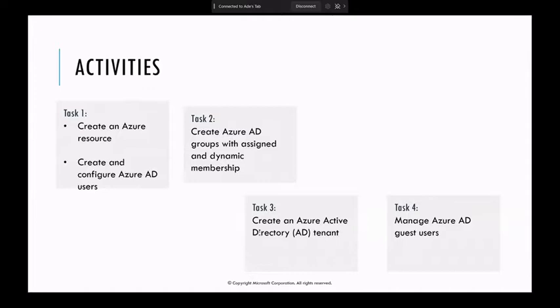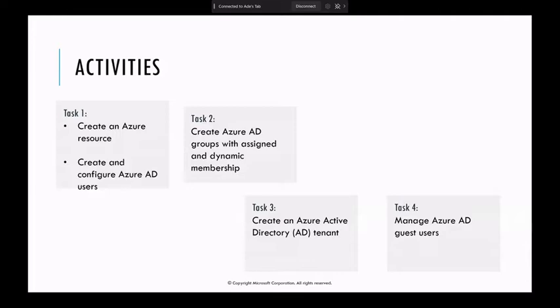Then you could also try to create an Azure Active Directory tenant. Like I said, by default, an Azure Active Directory tenant is created for you when you sign up for an Azure subscription, irrespective of the platform. Maybe you are doing a Dynamics 365 trial, an M365 trial, or an Azure trial, because what they all have in common is that single identity management system, which is Azure AD.